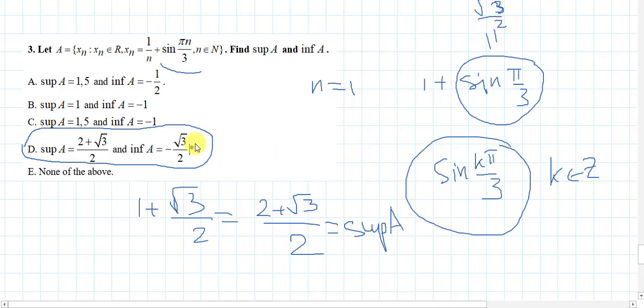In our case, it will be infimum. So the correct answer here is this one. Infimum here is just minus square root of 3 over 2. This is infimum of A.